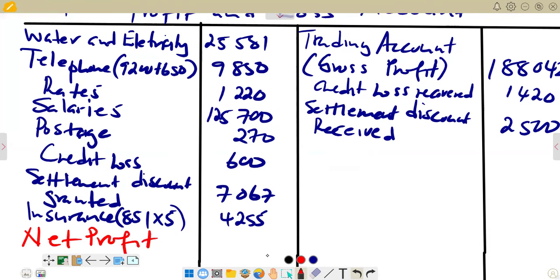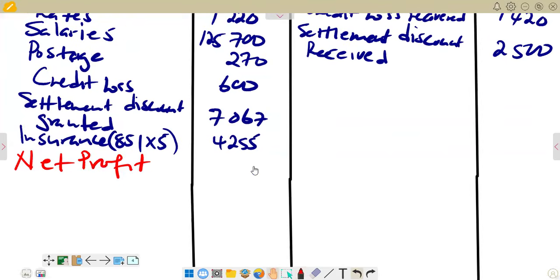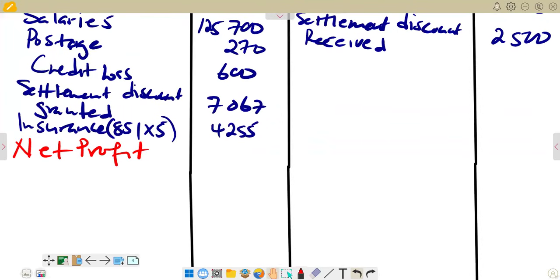So this is what we have. So we can just try to balance it, input our double lines. Remember the credit is greater.